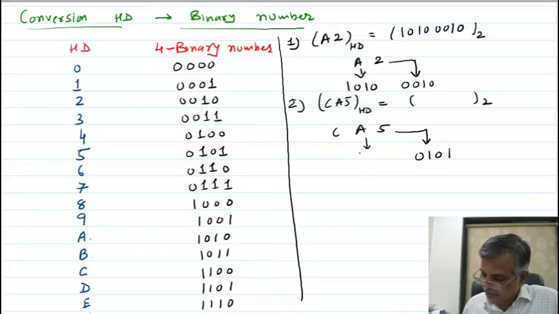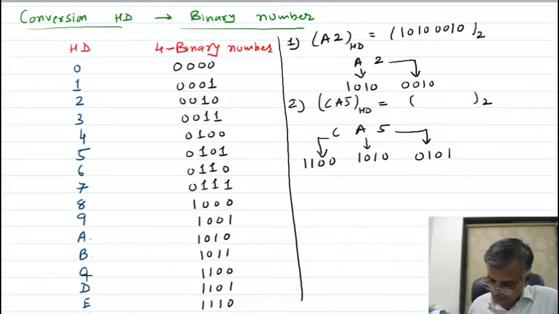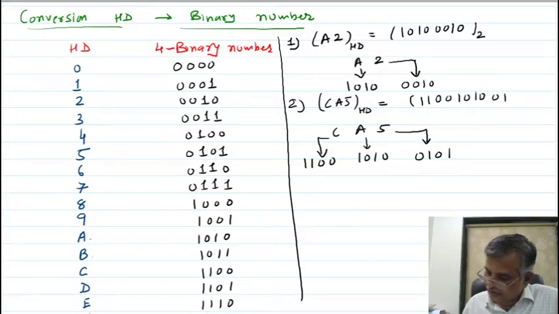This is your 1010, and C we have already mentioned is 1100. Look here, answer is 1100, 1010, 0101, and you can write this as your binary.